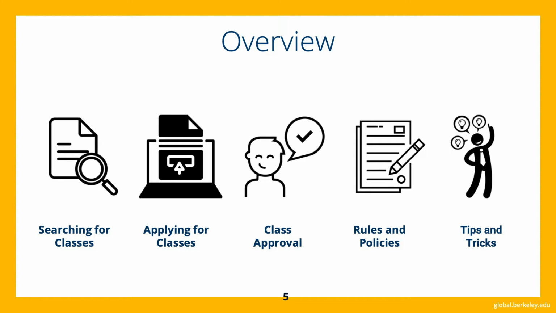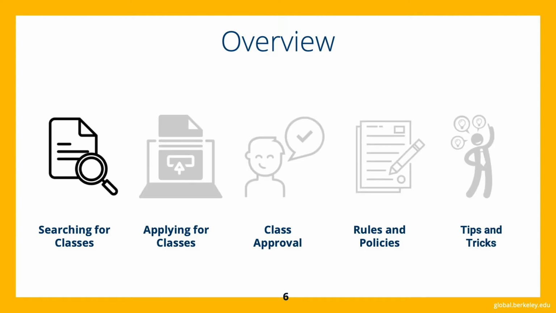Then we will provide a brief summary of rules and policies regarding full-time study if you are here with us on an F1 visa. Please note that unless you have a Form I-20 and a valid F1 visa, this information will not apply to you. And lastly, we will finish up with some tips and tricks on how to get the classes you want and other helpful student information.